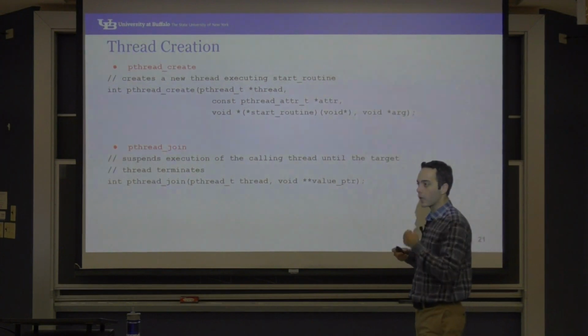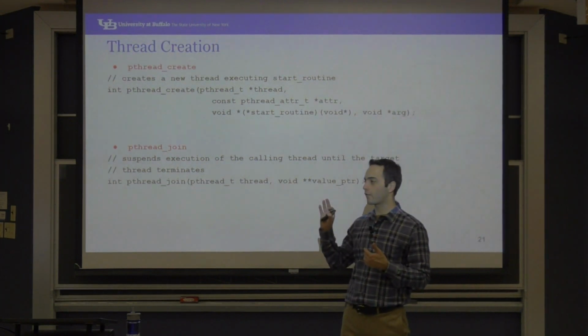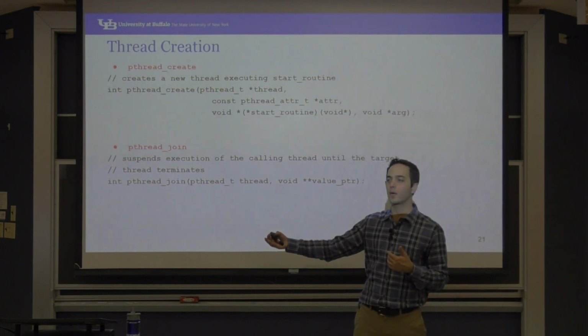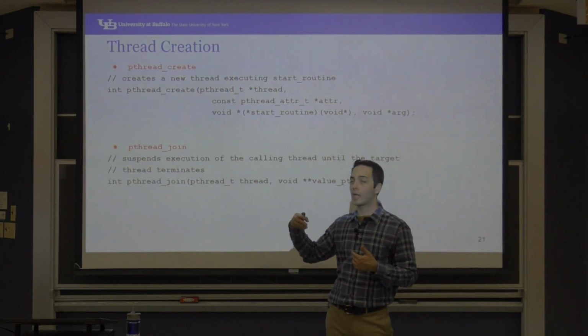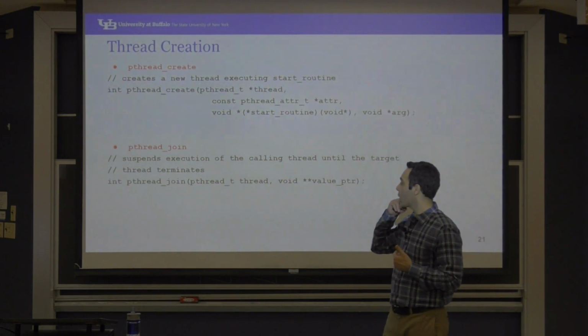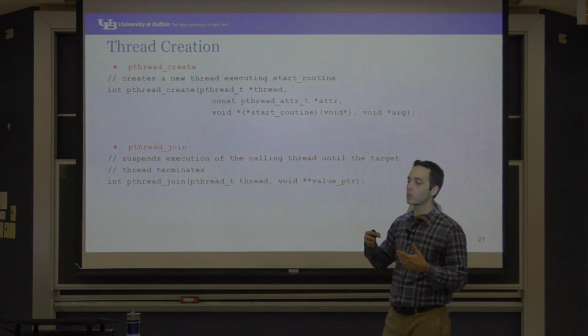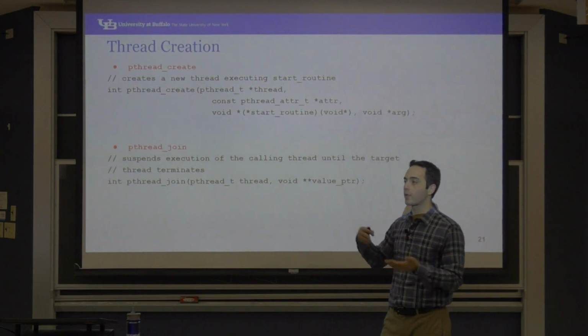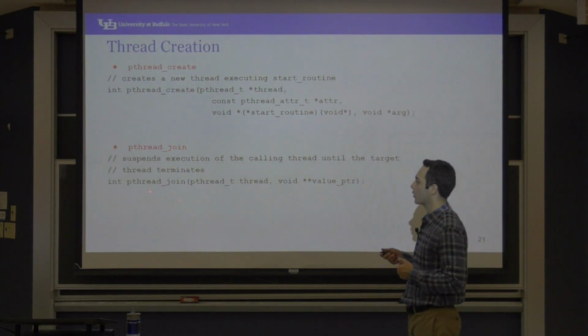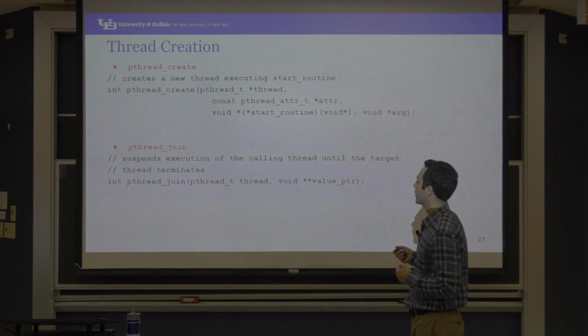One is that you want to make sure what the result of their task is, whether there is an error. Or you just want to wait for them to finish before this thread finishes. So just remember pthread_join and pthread_create.